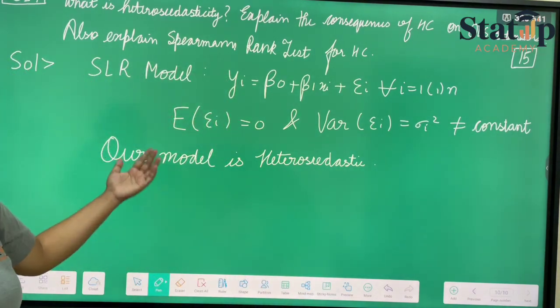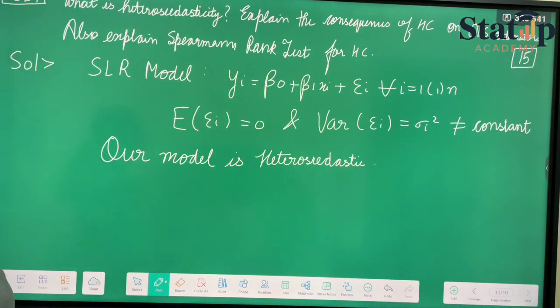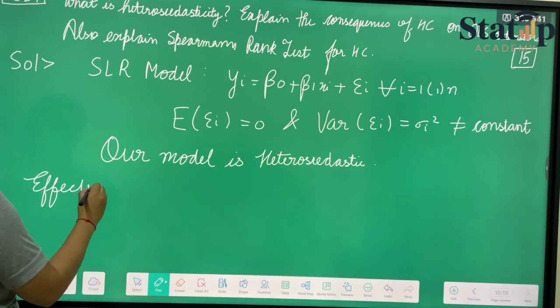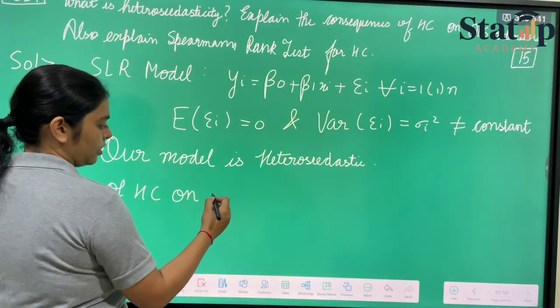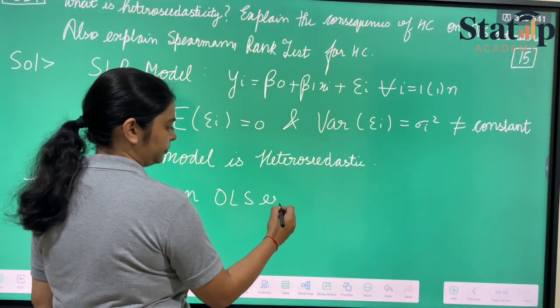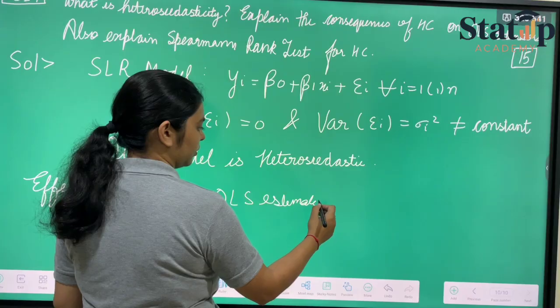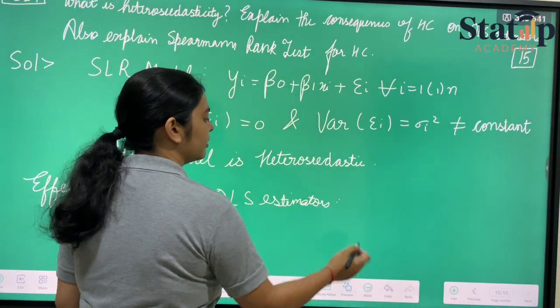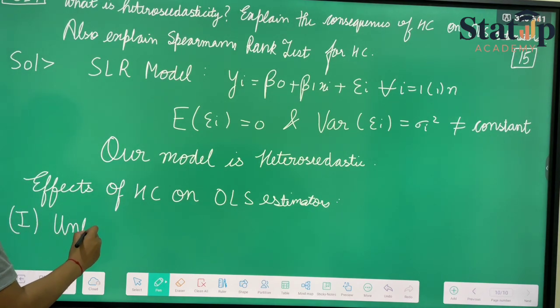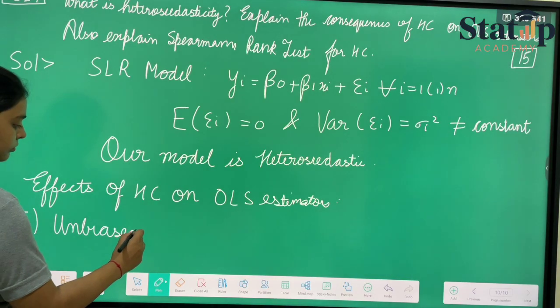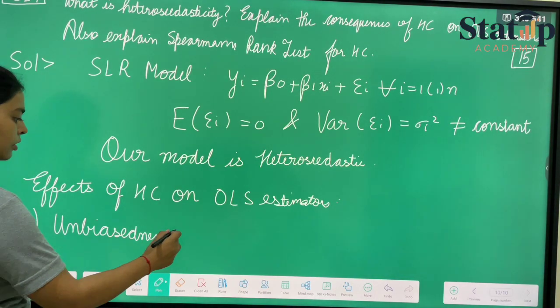Now, the second question says: explain the consequences of heteroscedasticity on OLS estimators. The effects of heteroscedasticity on OLS estimators, the ones which we have done: first one was unbiasedness, no effect.